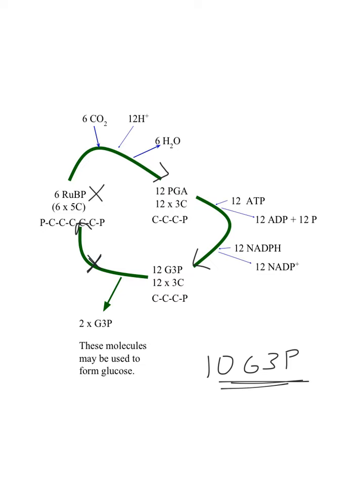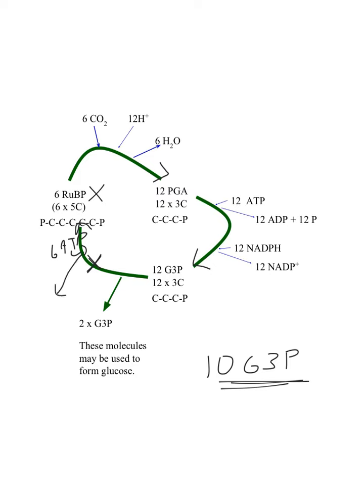Well, anytime you go from a smaller molecule to a larger molecule, you're probably going to need some energy. Guess where you get that energy from? Yep, ATP. We still had 6 ATPs left over. So we're going to pump in 6 ATPs here. This really gets messy here. And when we do, we're going to use the energy in the ATP to build back our ribulose bisphosphate.